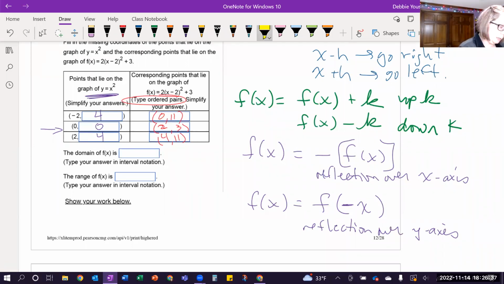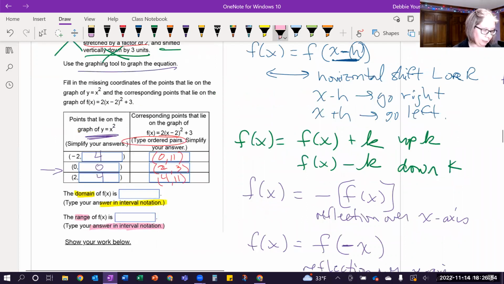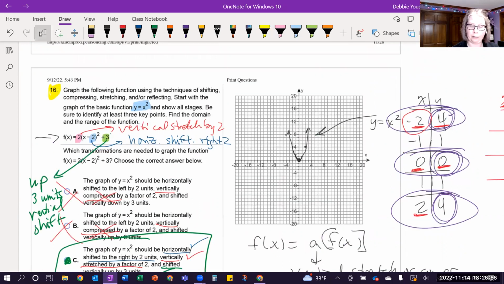Then it says, let's figure out the domain and put our answer in interval notation. And let's figure out the range and put our answer in interval notation, okay? So if our graph started out looking like this parabola up here that I drew in black, its domain is everything from left to right.